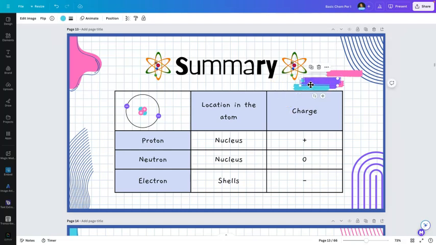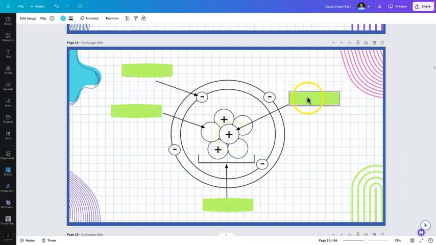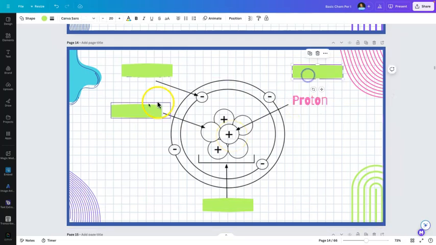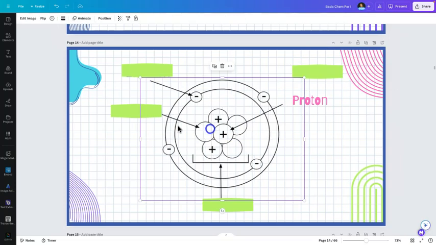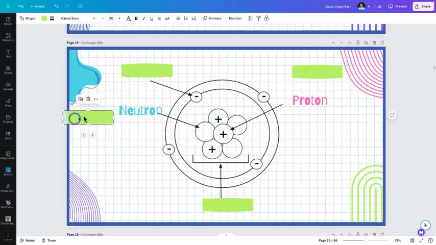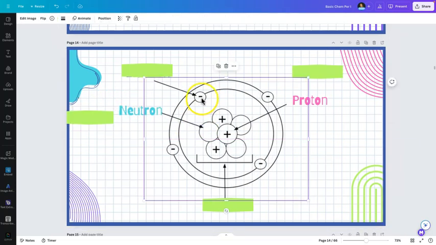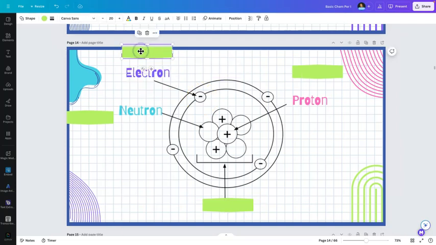You could put outside nucleus, in the shells. Outside nucleus in the shells, negative. This is a proton. What's this? Neutron. What's this? Electron. Now we know this because there's a charge, and there's no charge.